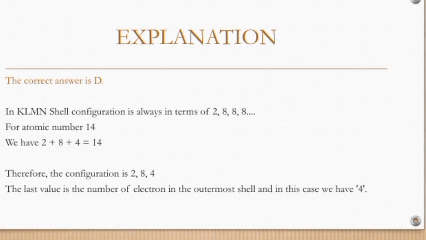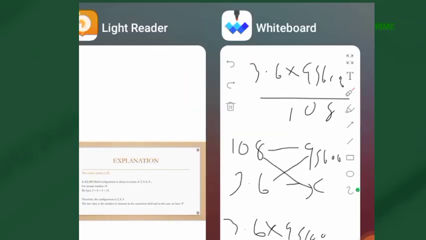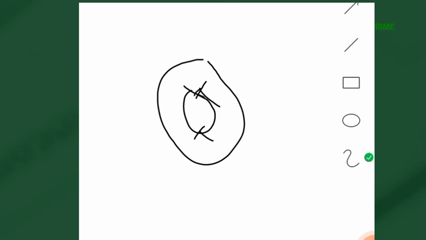Okay, let's see it on our whiteboard. This is your first shell, it actually takes 2. And they're asking you an element with atomic number 14. If this your first shell actually takes 2, your second shell actually takes 8.